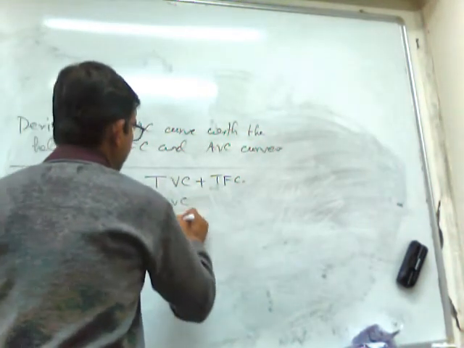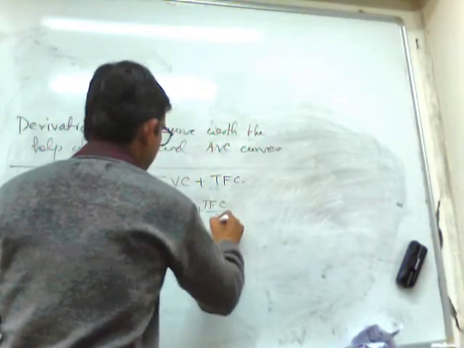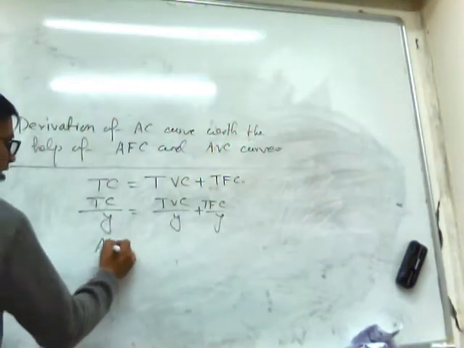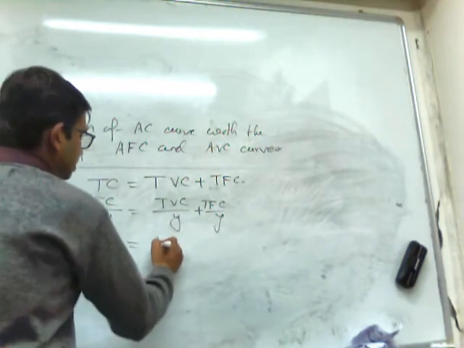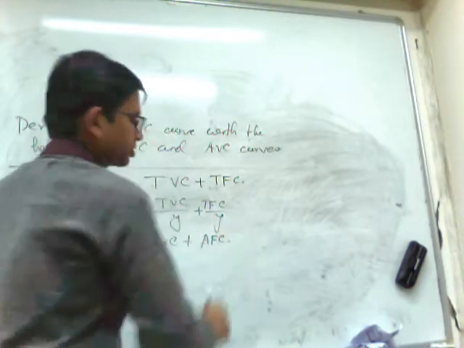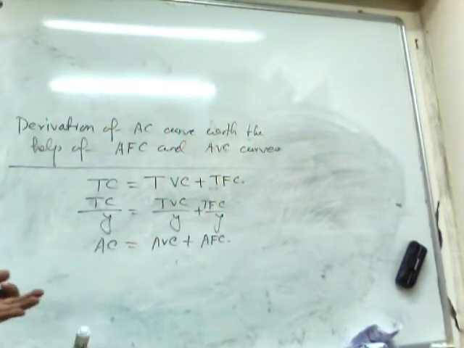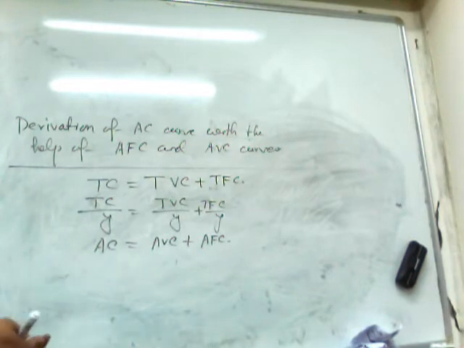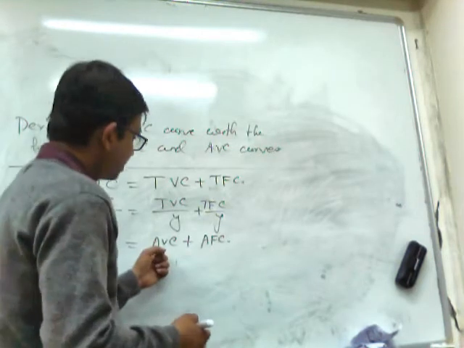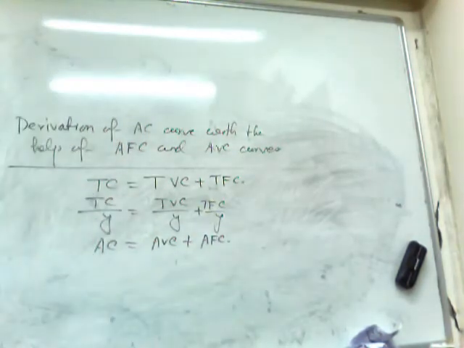TVC by Y plus TFC by Y. So from here we can write average cost equals average variable cost plus average fixed cost. So at any level of output, the average cost will be the sum of the average variable cost and average fixed cost at that level of output.